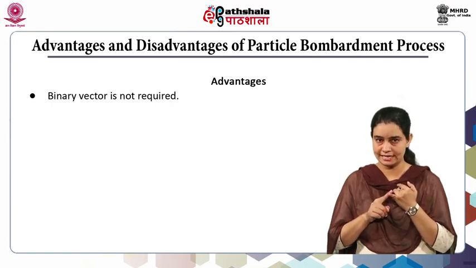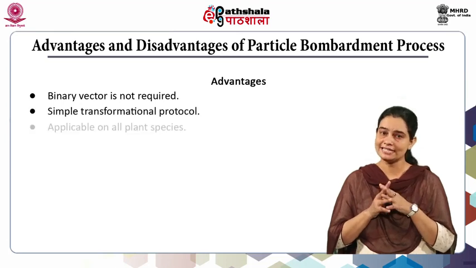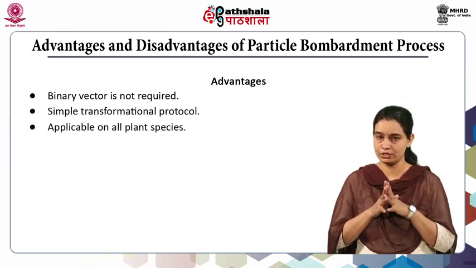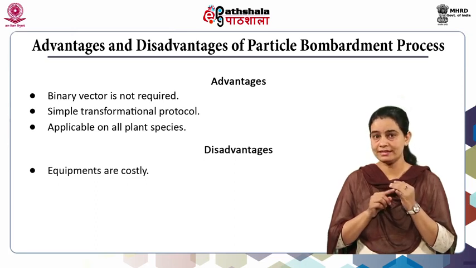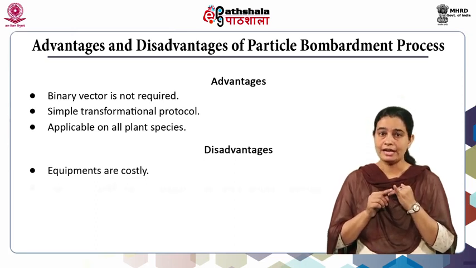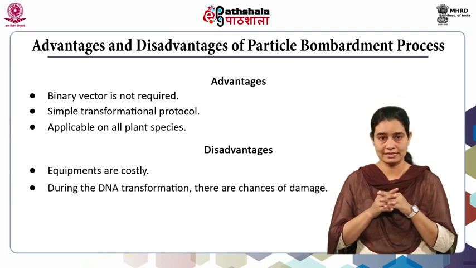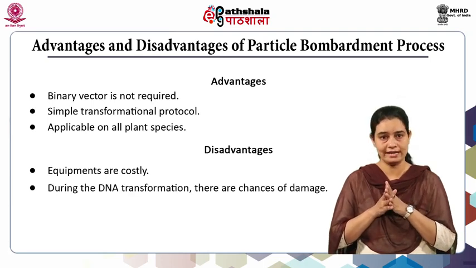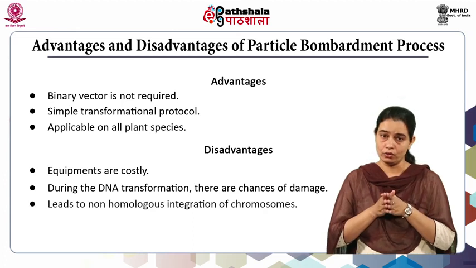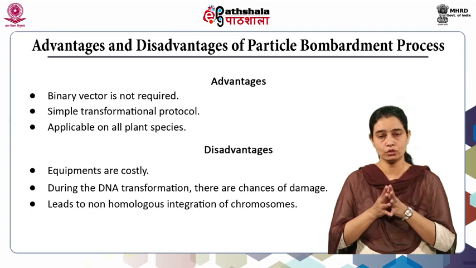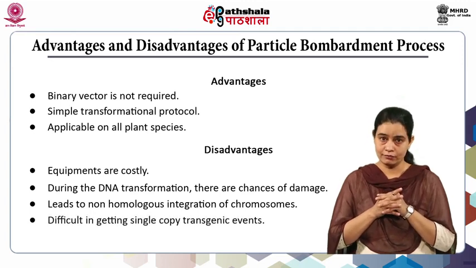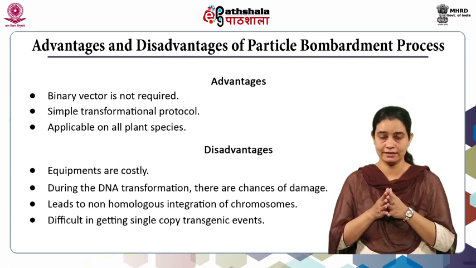It is a simple protocol and is applicable on all plant species. However, it has certain disadvantages like equipment is very costly and during the transformation process there are chances of DNA damage. Therefore, it leads to non-homologous integration of chromosomes. There is a difficulty in getting single copy transgenic events.